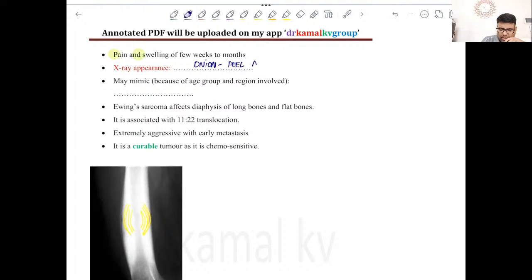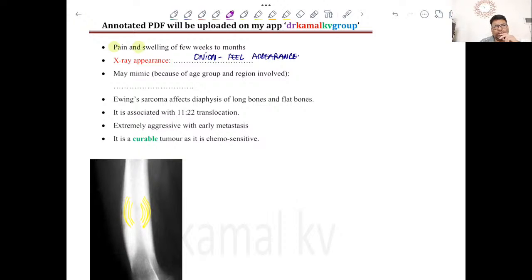But please remember it from the MCQ point of view. Since this condition affects a child of the second decade, maybe around 15 years, and the patient presents with pain and swelling around the knee joint with high grade fever, at times it looks like osteomyelitis.